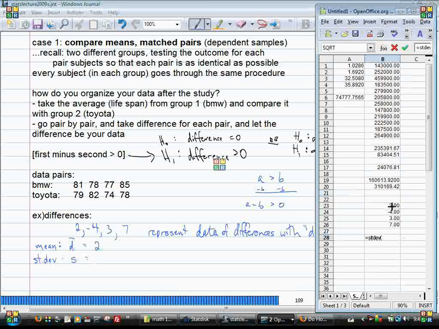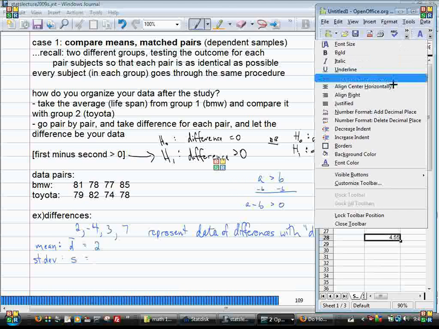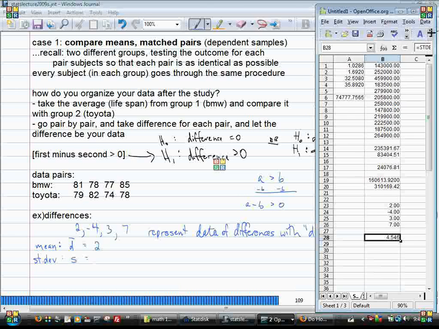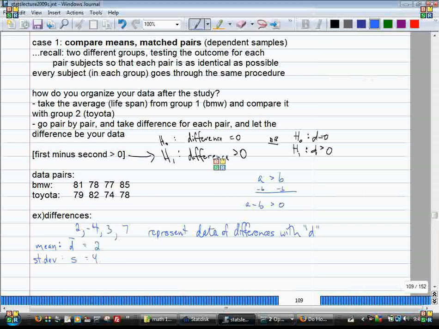Then we say equals STDEV of this data. So S is 4.4561.